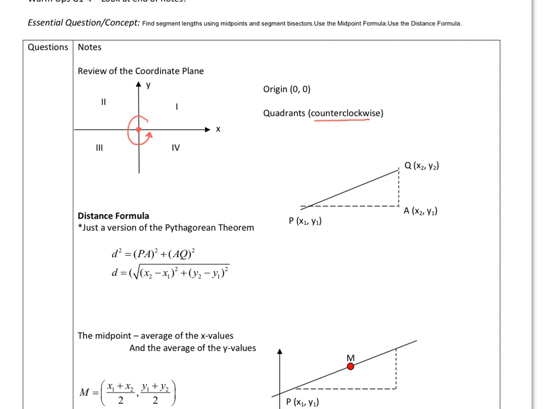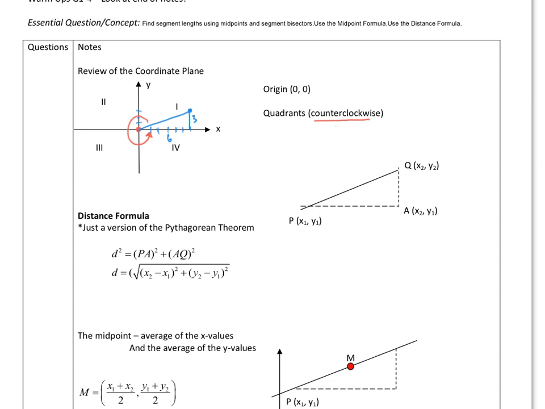Okay, now knowing that, I could place points in there and find distances. So if I place a point, say, in the quadrant right here, I can count how far out I went this way. Say we went 1, 2, 3, 4, 5, 6, and suppose we went up 1, 2, 3. Suppose we did that. This had a distance of 6, that had a distance of 3.